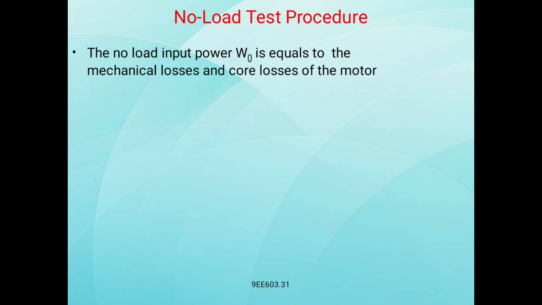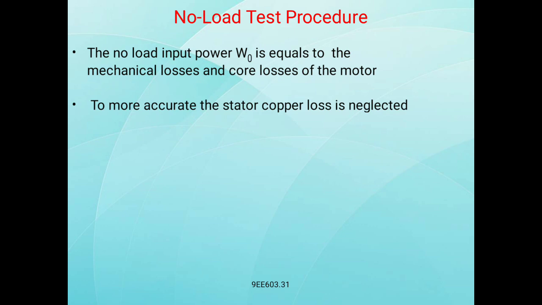The no load input power W0 is equal to the mechanical losses and core losses of the motor. To be more accurate, the stator copper loss is neglected since the no load current is very small.